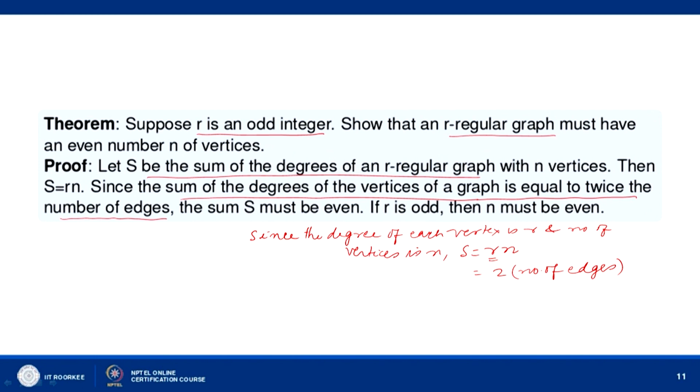Now, r is an odd number, given. Therefore, n must be even, since r is odd. So, if r is an odd integer, an r regular graph will have an even number of vertices.